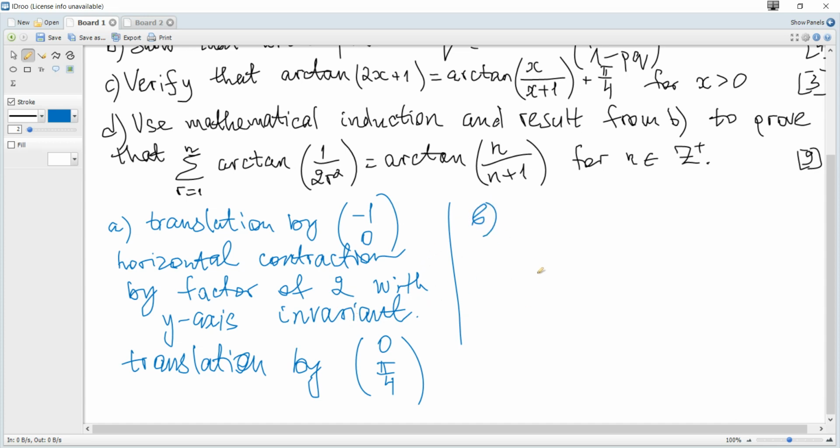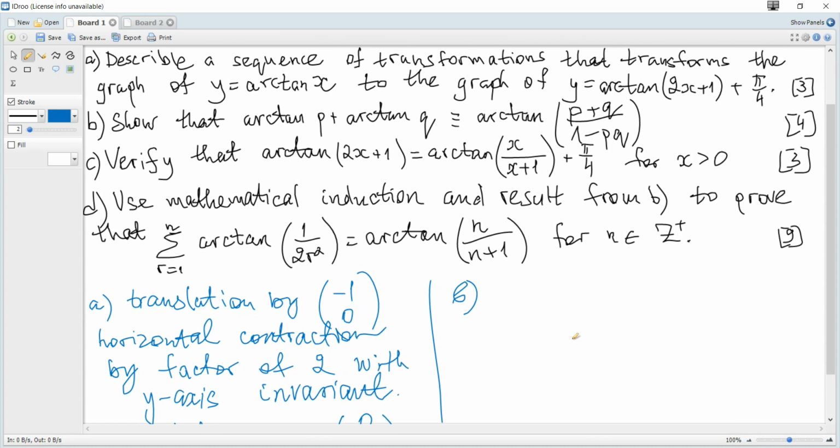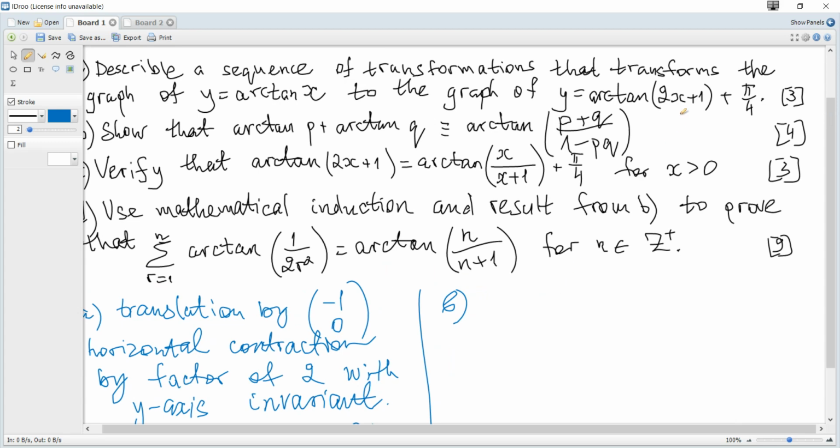The second possible sequence of transformations is, if we make parentheses, when we factor out 2, we get arctan of 2 times (x plus a half), plus pi over 4.